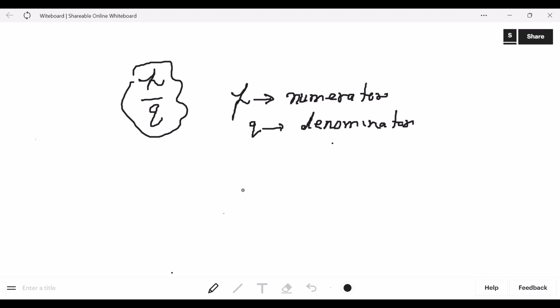For example, if I write 2 upon 9, here 2 is the numerator and 9 is the denominator.